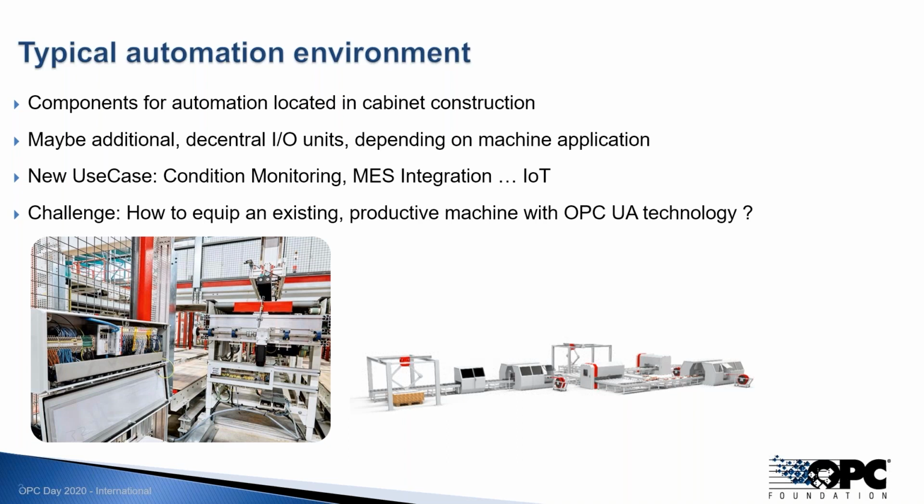So we have a local but distributed system here, which needs to be retrofitted. The challenge here is how to equip such a productive machine with OPC UA technology for gathering data, for controlling the machine, and maybe the planning of the production phase.